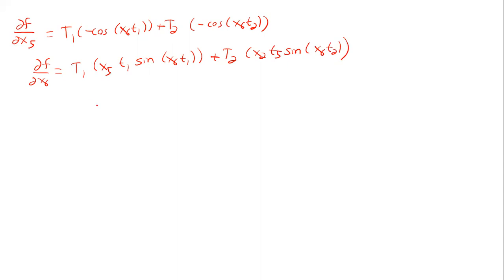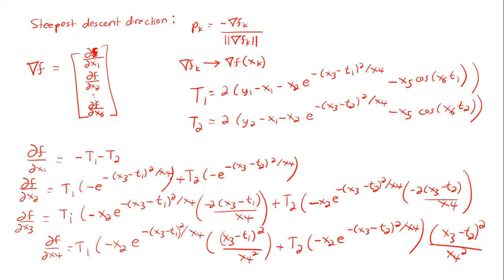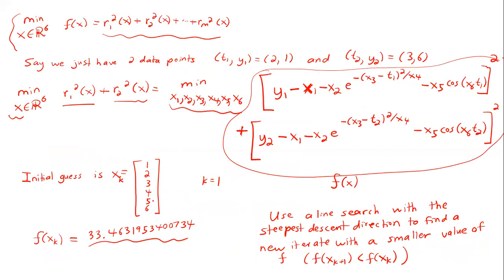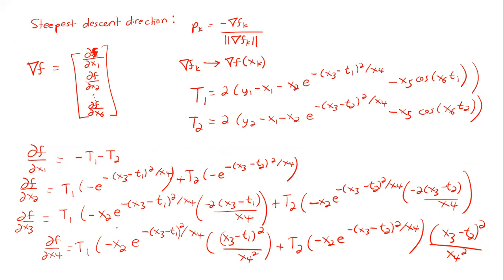And so for getting our del fk, we need to get del f at xk. So if all of this stuff makes up del f, we need to plug in our xk, which is this 1, 2, 3, 4, 5, 6, into each of these expressions.